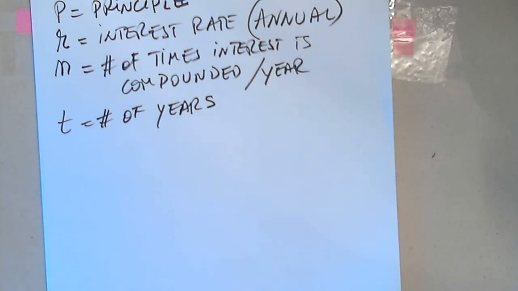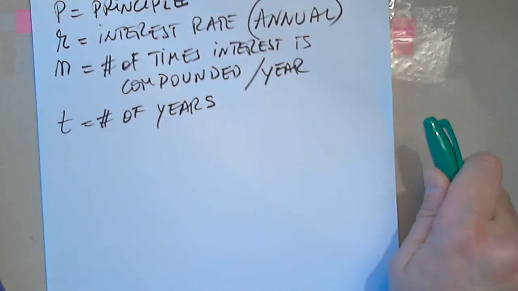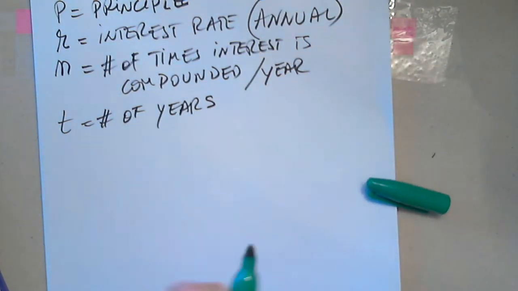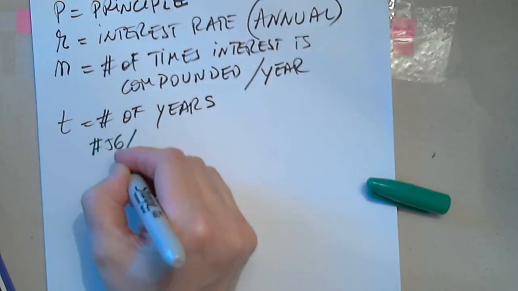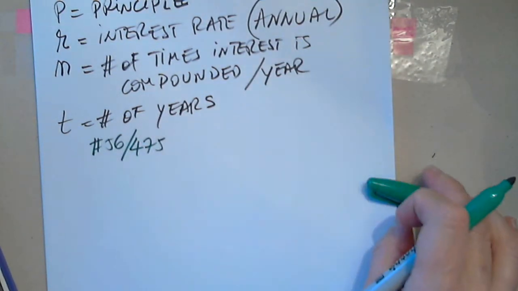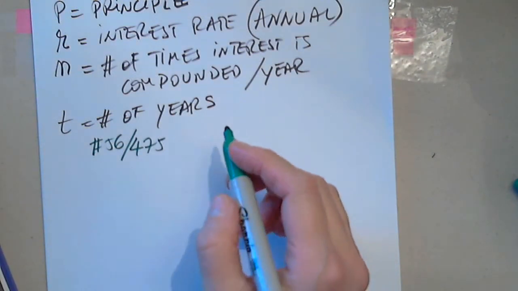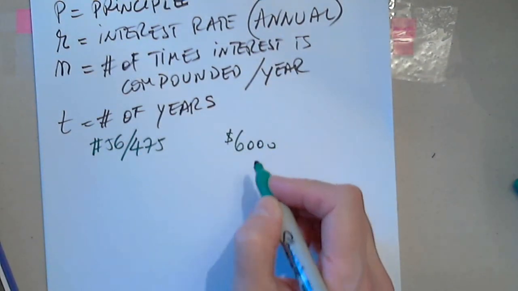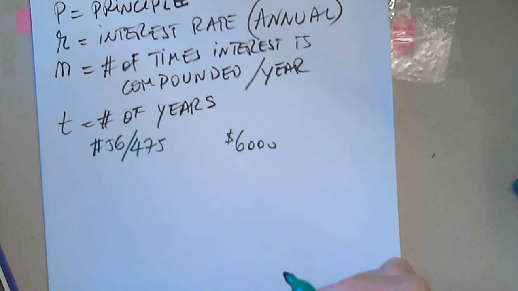Let's look at our first problem here. On page 475, let's look at 56. Suppose that you have $6,000 to invest.